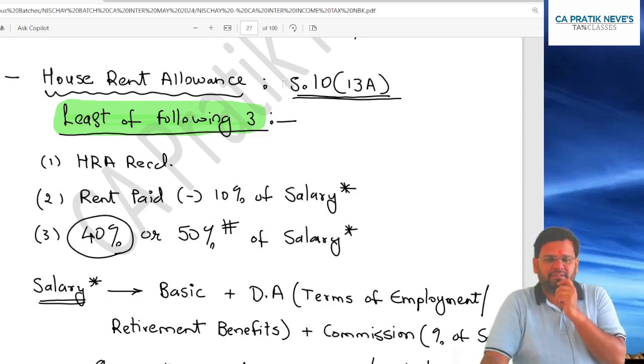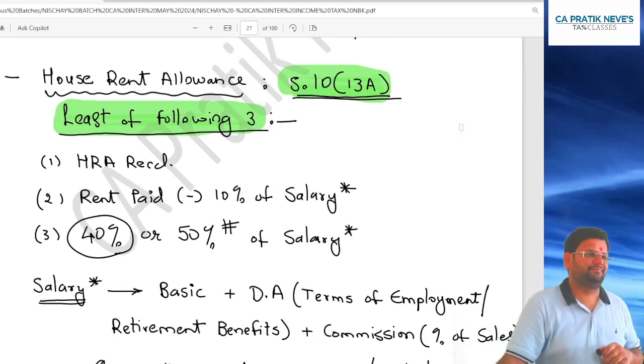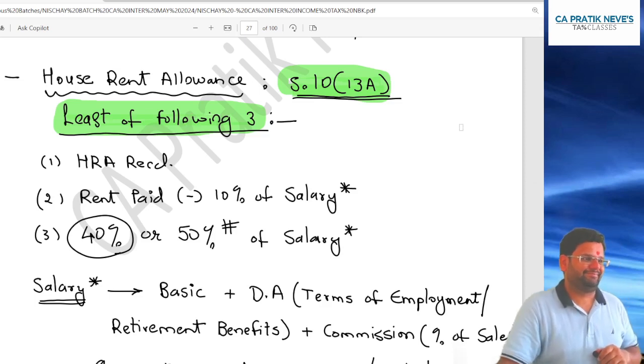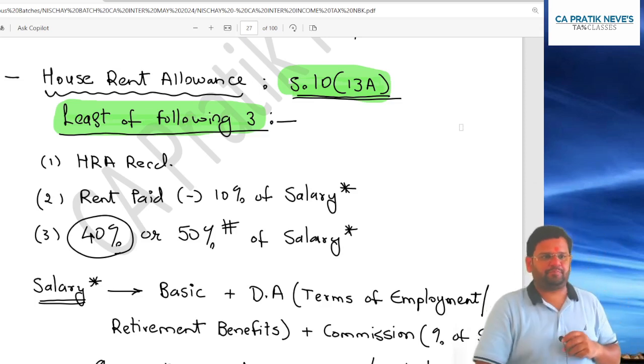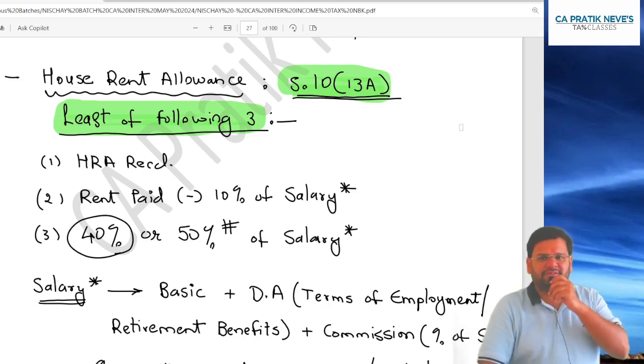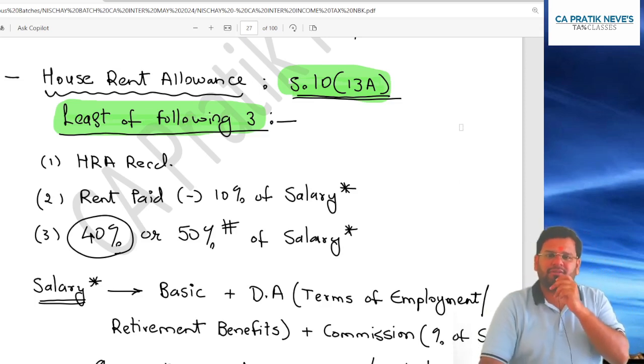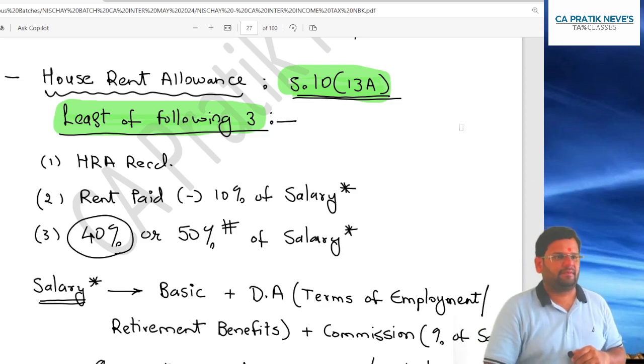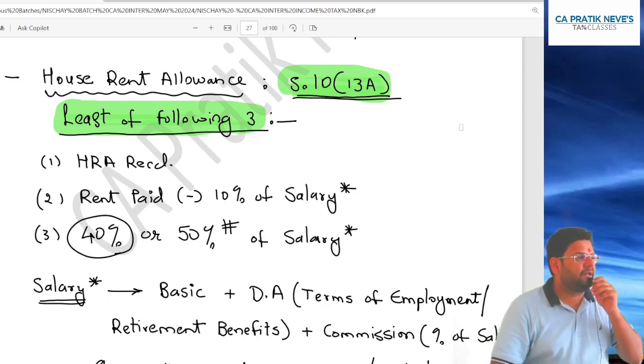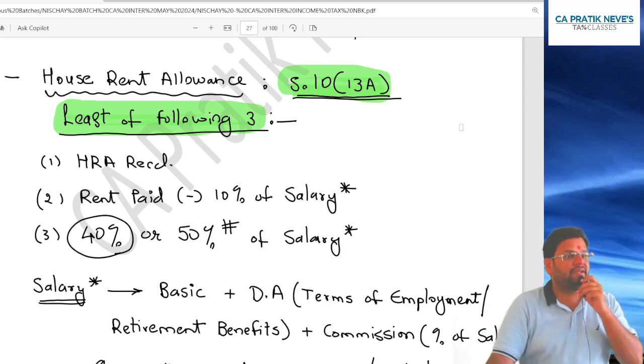So how much is HRA exempted? This exemption is given in section 10 subsection 13A of Income Tax Act. First point is HRA received. Second point is rent paid minus 10% of salary.